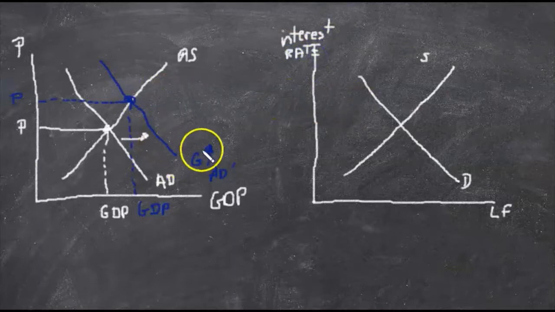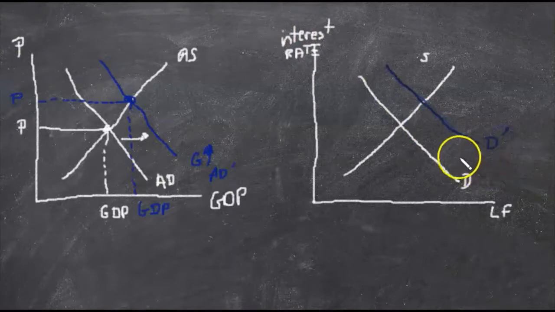So what happens? The government says we want to spend more money. Well, to do that, we have to borrow money. So the demand of loanable funds, the demand of money in the banking system, goes up. I didn't choose a very good color here, so let me try this again. So the demand of money to borrow goes up. This is because the government increased their demand of money, and as a result, the interest rate rises.